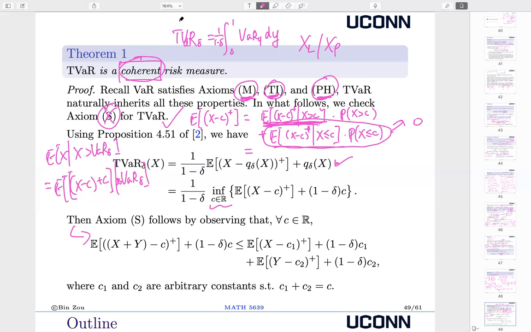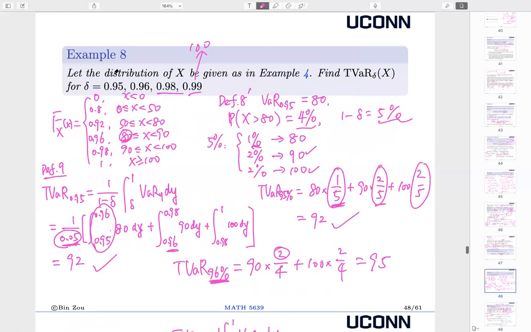The most important thing is to calculate VaR and TVaR. We already did continuous and discrete. Of course, I can give you more complicated examples. Actually, there are many exercises from the textbook, so you should try and do the computation. As long as you know how to compute, that's enough for this topic. Okay, I'm going to stop here and see you in the next video.